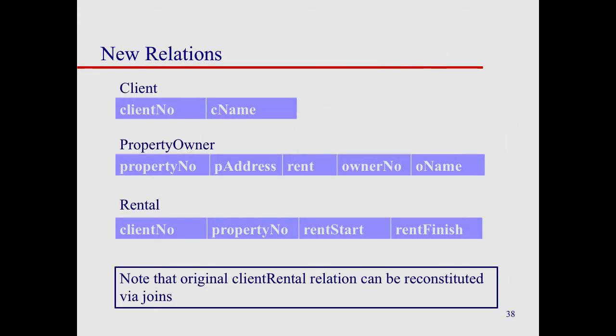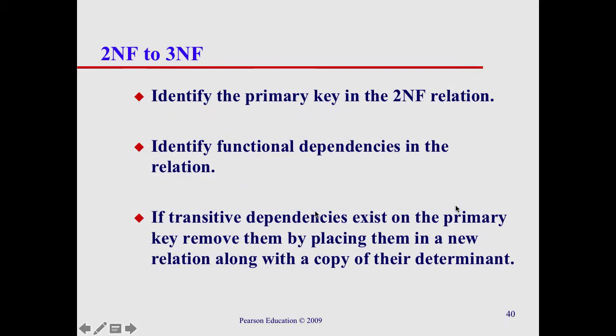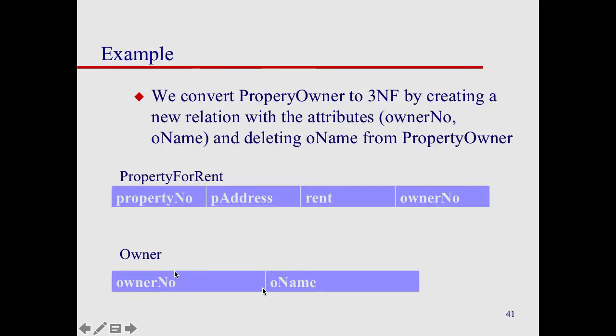In this case, we have one transitive dependency: owner number determines owner name. So when we go to third normal form, you're going to see that owner name is off in its own relation with owner number.